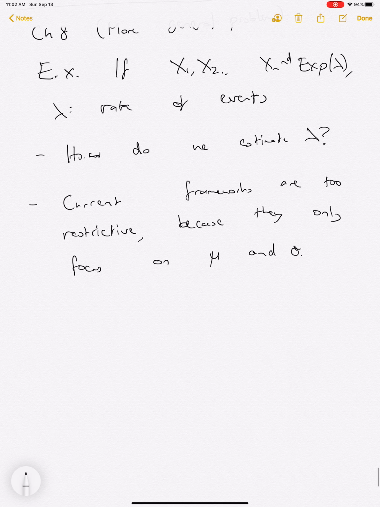So the big question we're thinking about here is, how do we estimate and do inference for general parameters?